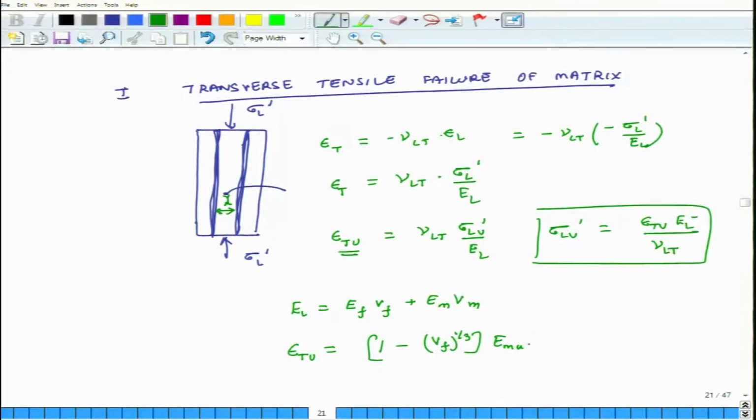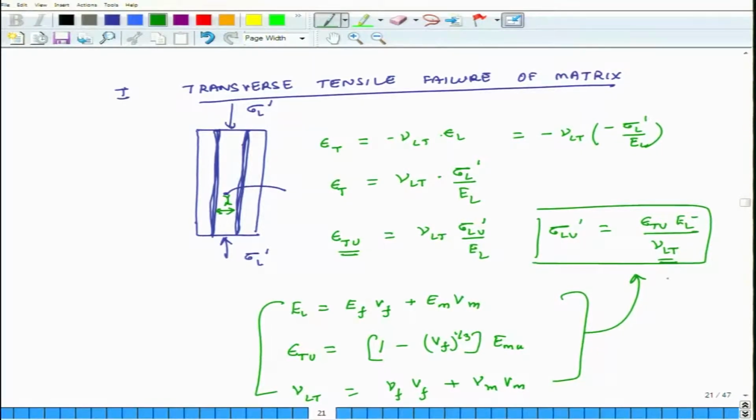We have done this, and we can also compute nu LT, which is equal to nu F Vf plus nu M Vm. So, we can put all this information in this relation and compute the failure strain, failure stress.